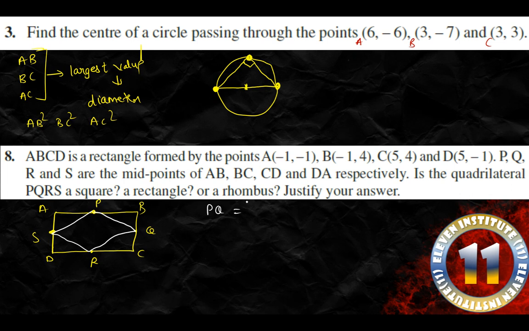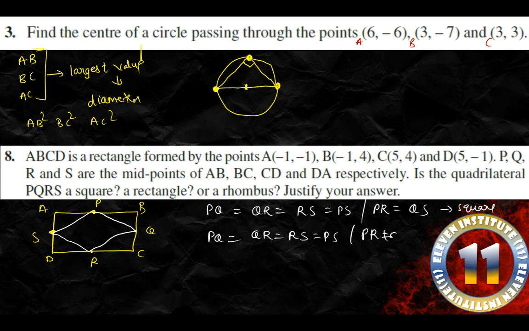If all four sides are same, PQ is equal to QR is equal to RS is equal to PS, and apart from that the two diagonals which are PR and QS, if all this is equal, then what will it become? A square. If only four sides are equal, that is PQ, QR, RS and PS are the same, but PR and QS are not equal, then this is definitely a rhombus.